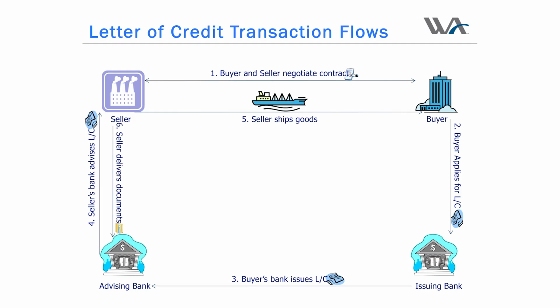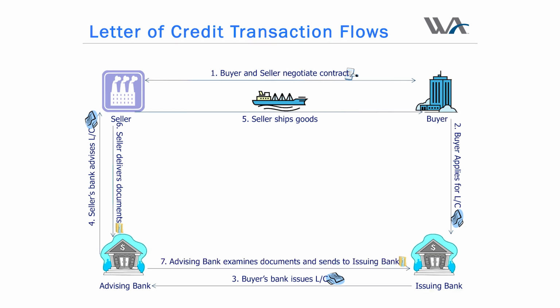Once the shipment takes place, you will then collect all the documents and deliver those documents back to your bank, the advising bank, who in turn will examine those documents if you wish for them to, and this is a choice you have. Normally you would have the advising bank examine those documents to make sure that they are in conformity with the letter of credit as a bank looks at it.